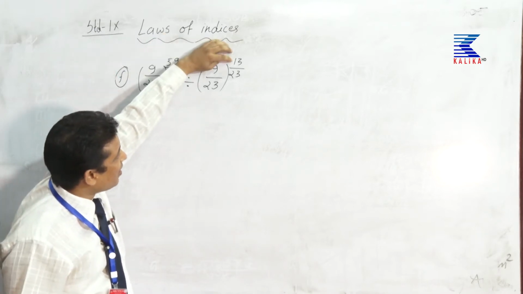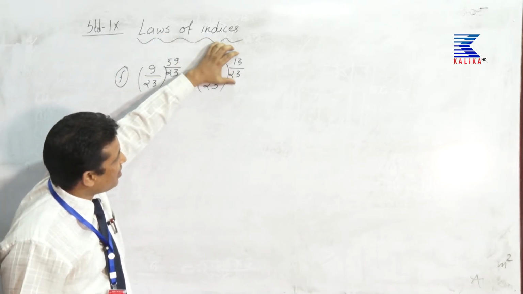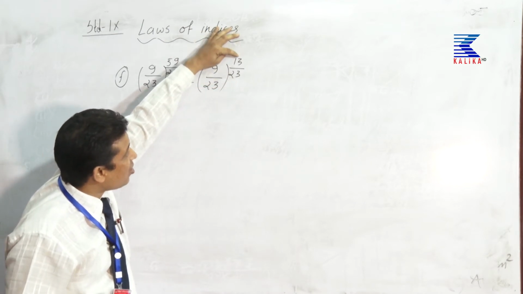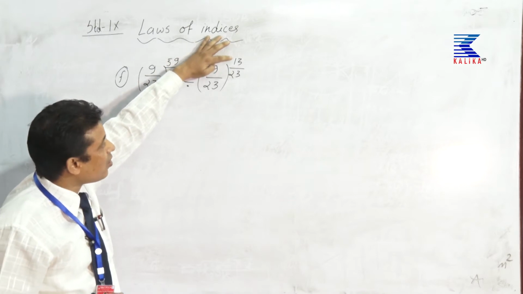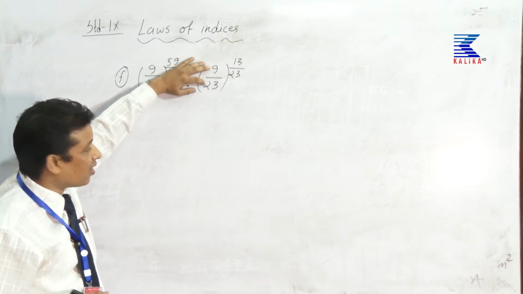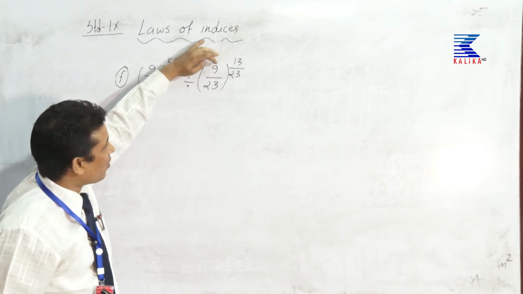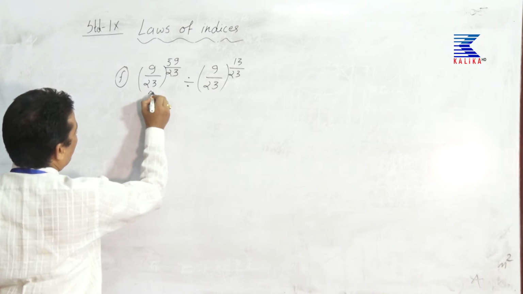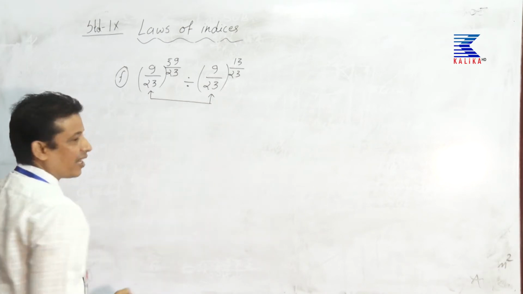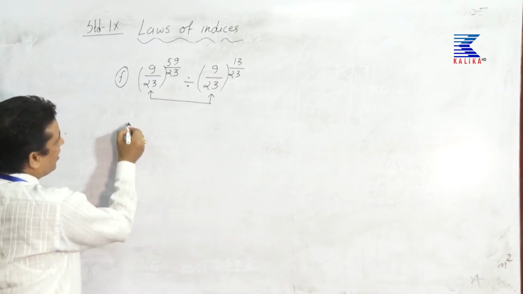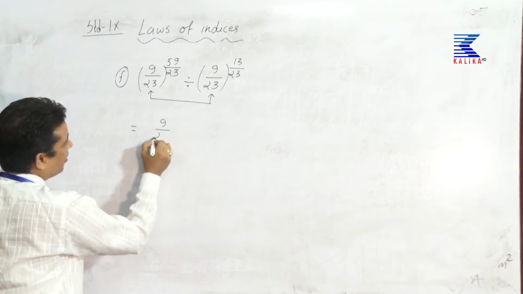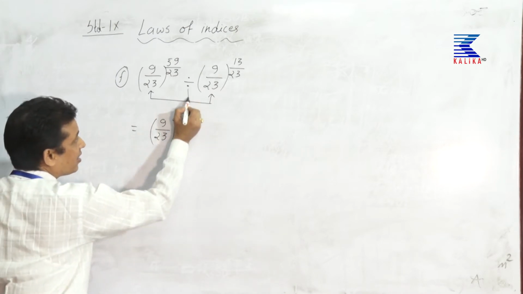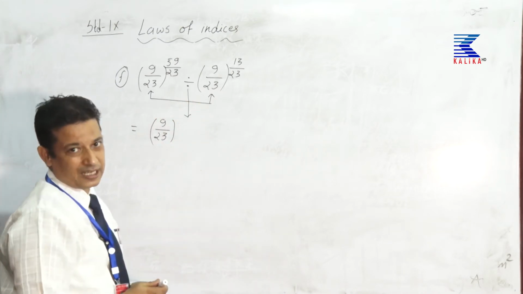Similarly here 13/23 is a fractional power, and this is also the power of 9/23. If you compare these two bases, you get the same, and the same base here is 9/23. This is the common base, and you can see the sign of operation is division.